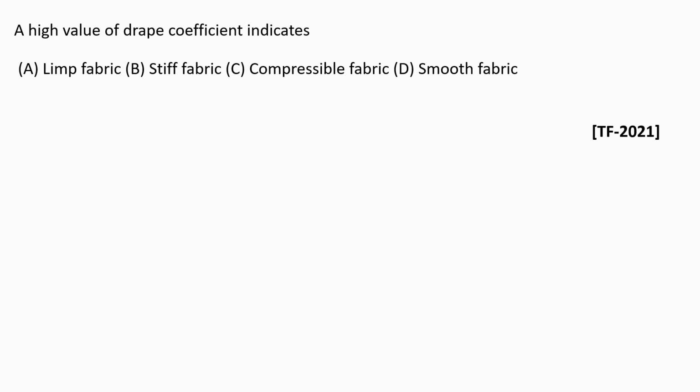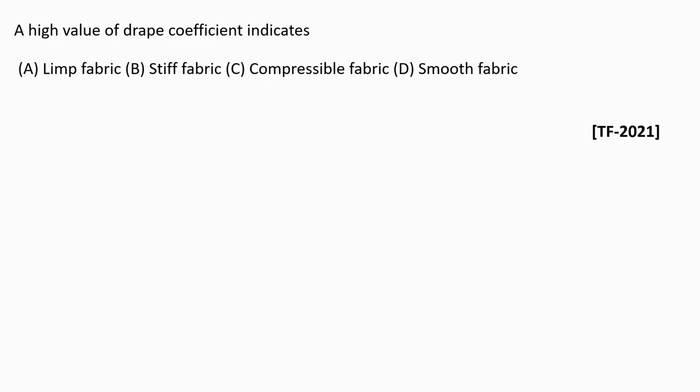So what is drape and how is it related with drape coefficient? You have read that drape is the tendency of how well a fabric can hang itself. If it hangs to a larger extent, then the value of drape is very high. मतलब कितना झूलता है वो, this is known as drape. कितना वो कपड़ा झूल रहा है उसमें, तो this is what is known as drape.